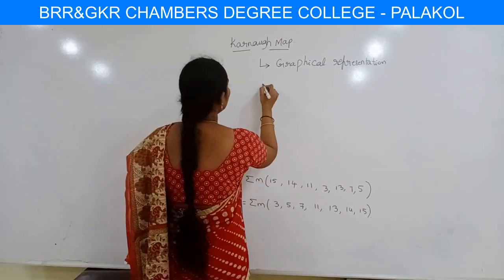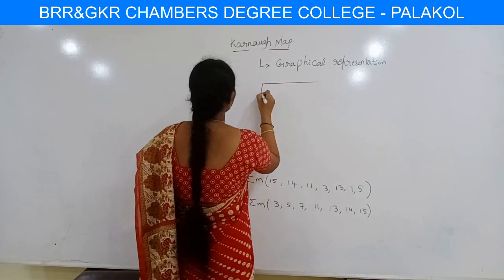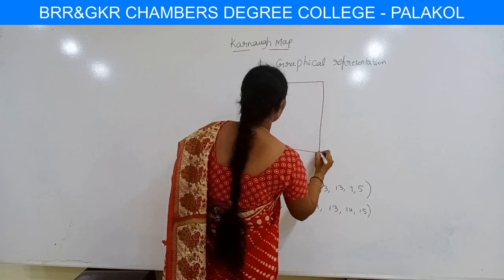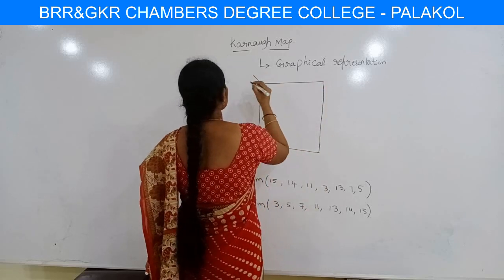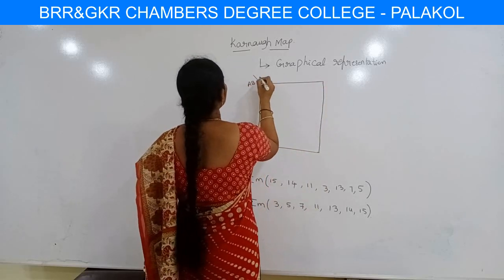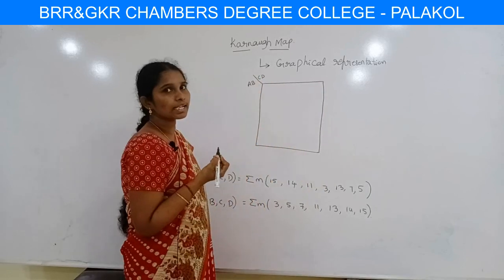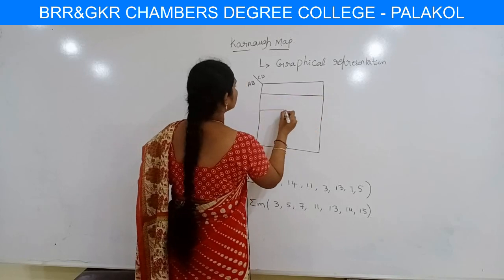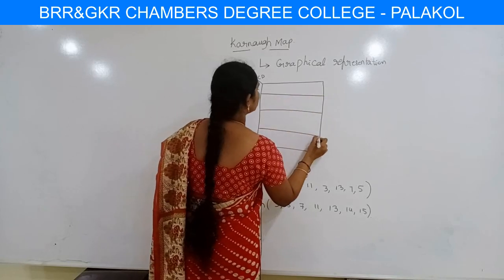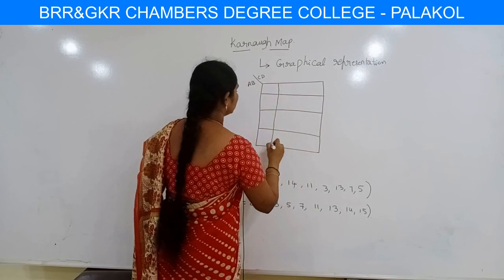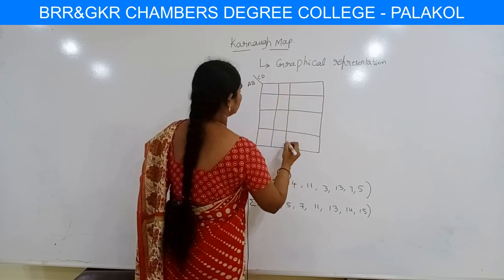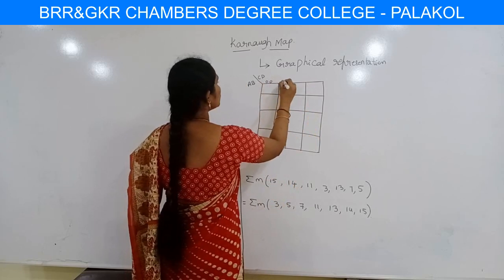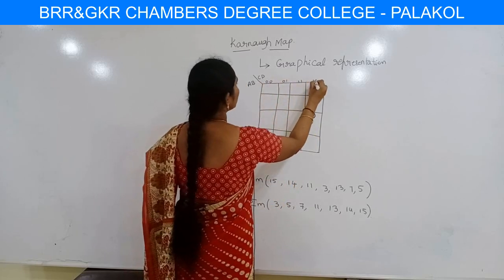Okay, so it is a 4 variable K map, and how to write the numbers here. So for example, here it is AB and this is CD. So here these are 0 0, 0 1, 1 1, 1 0.